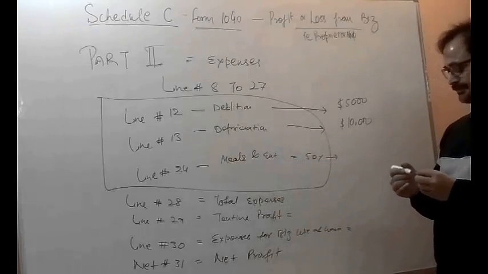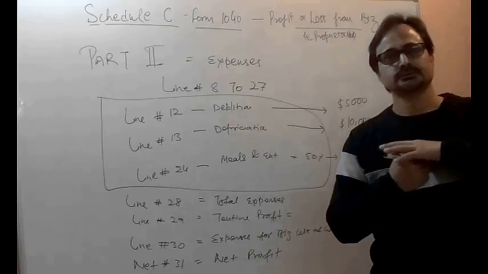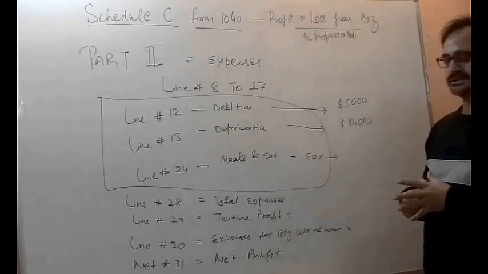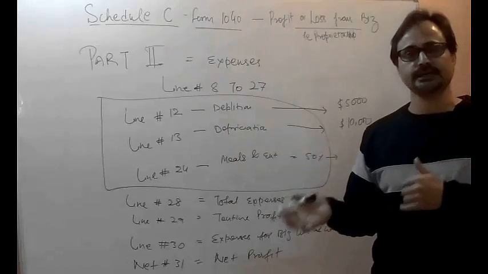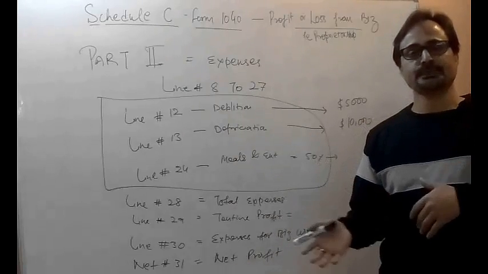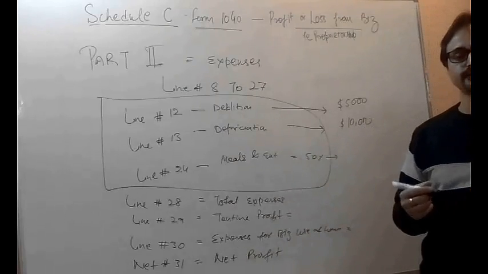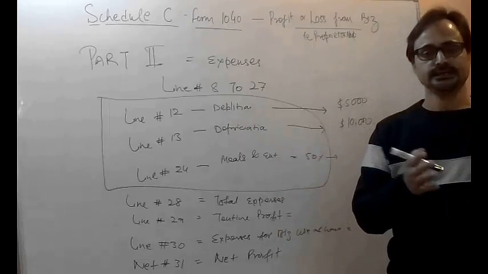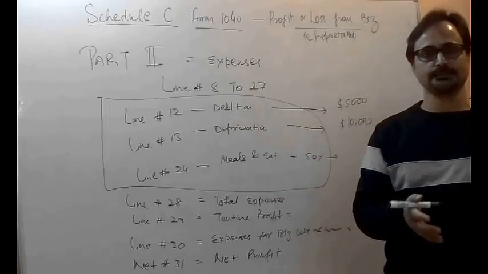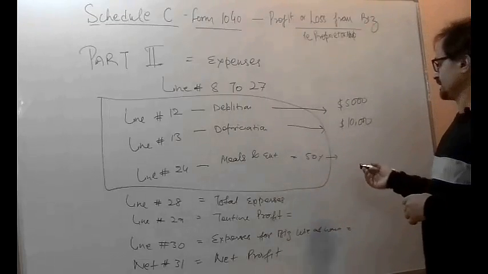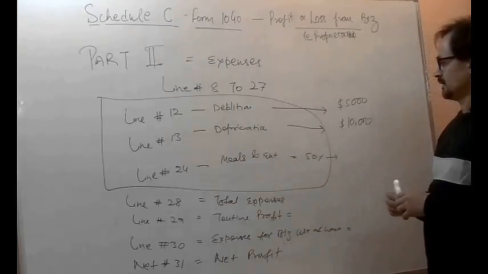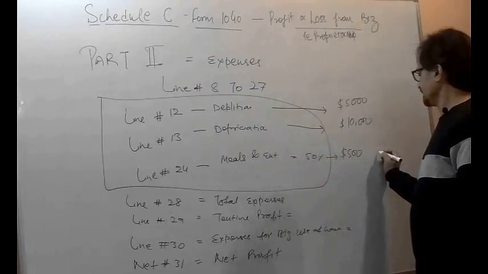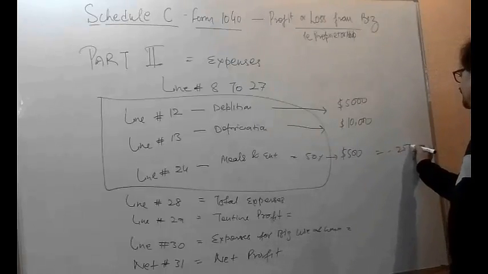Mostly, whenever someone declares meals and entertainment here, they are only giving the amount spent on someone else. But we can easily tell that a similar amount must have been paid for themselves as well. So let's say $500 is written, then we should deduct 250 again.